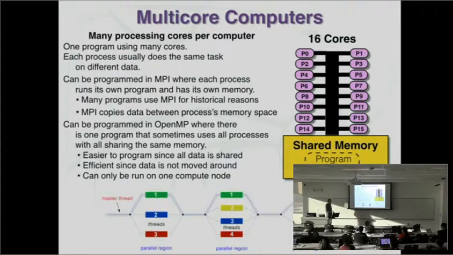Then when it's done with that loop, it'll collapse down to the master thread and do the scalar sections. Next time it hits a loop with a lot of work again, it'll expand and put one thread on each of these processing cores. And each one of those will work on a different part of the loop. It'll collapse down. So again, that's kind of what happens in OpenMP. And it's really fairly easy to do this type of programming.